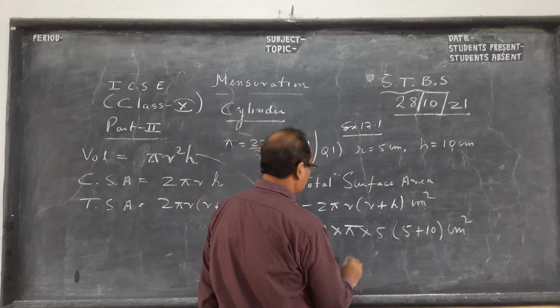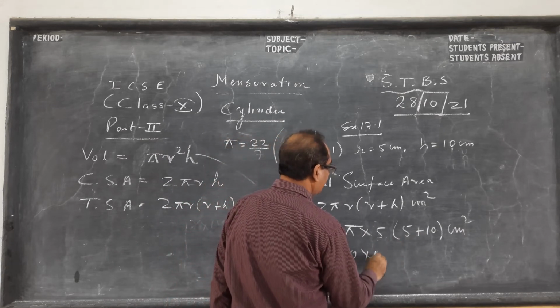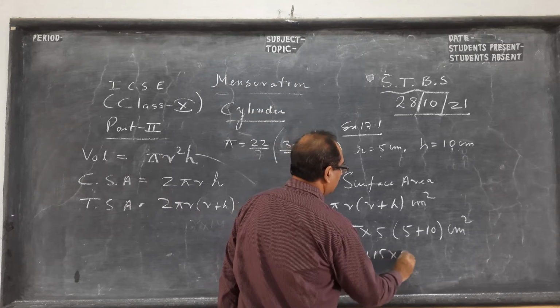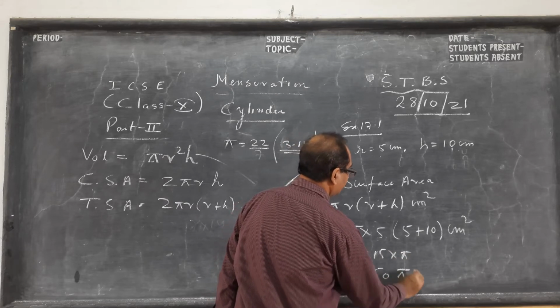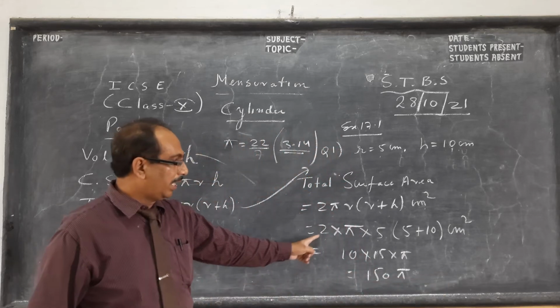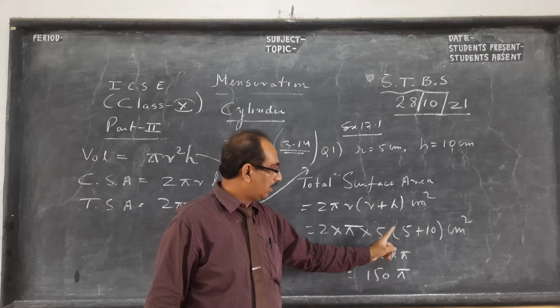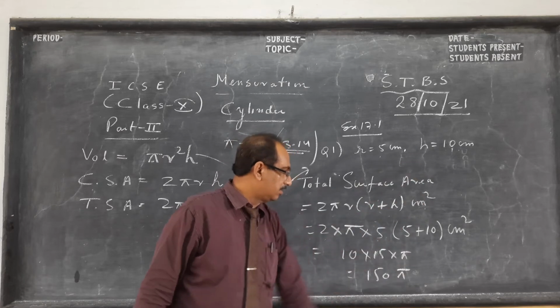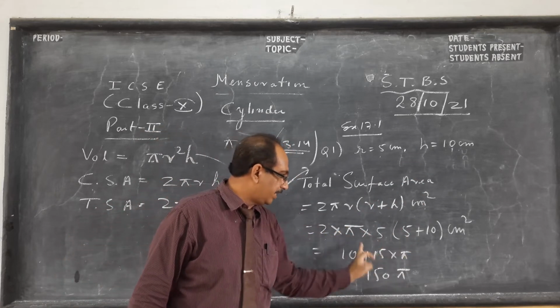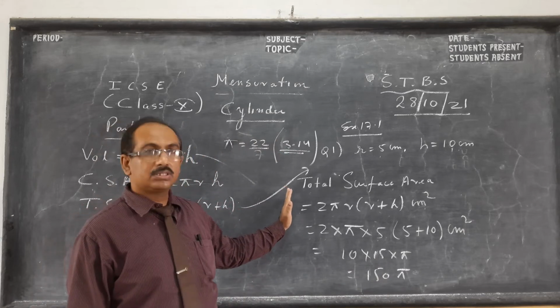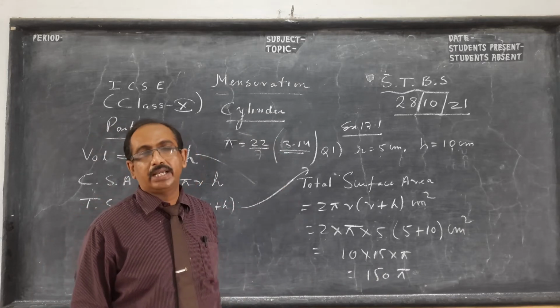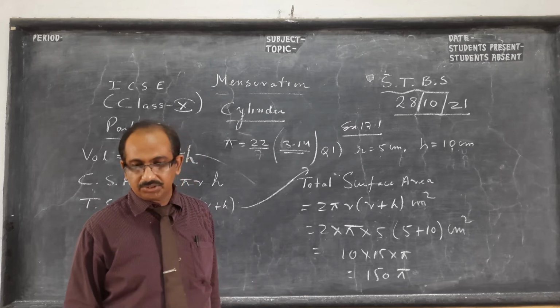So 2 5s are 10, into 15, into 5. So your answer is 150 pi. R is 5, h is 10. So 2 5s are 10, 15 into 10. So please pause the video, then we'll take one ICSE question.